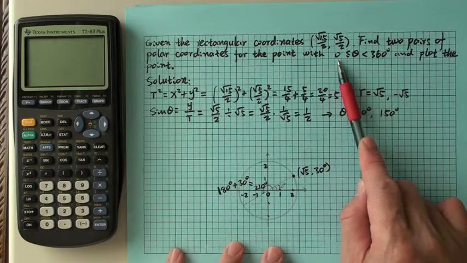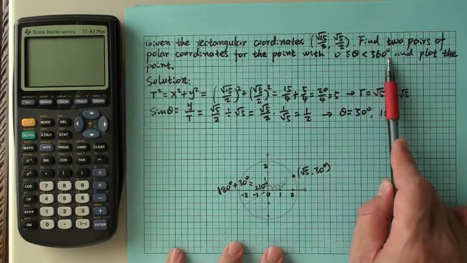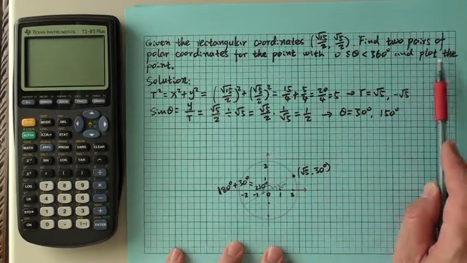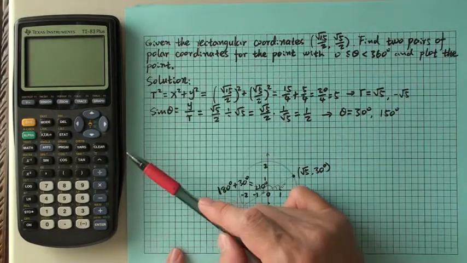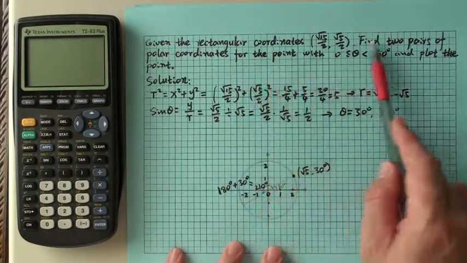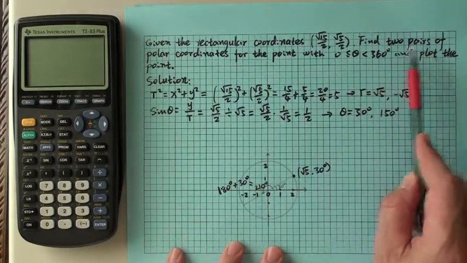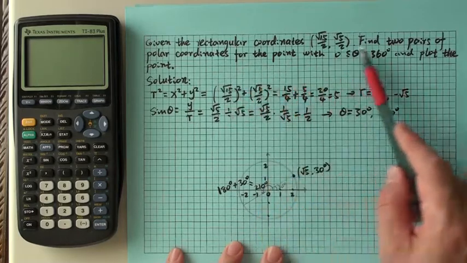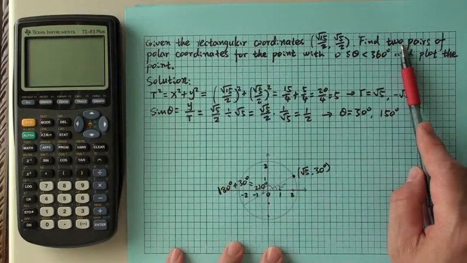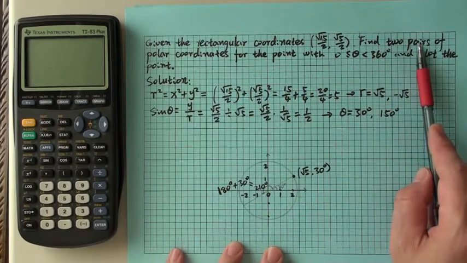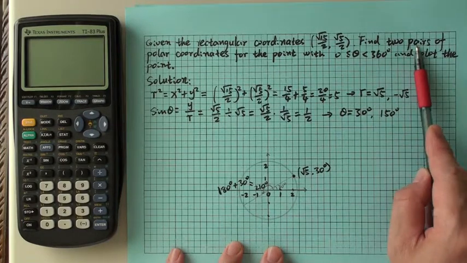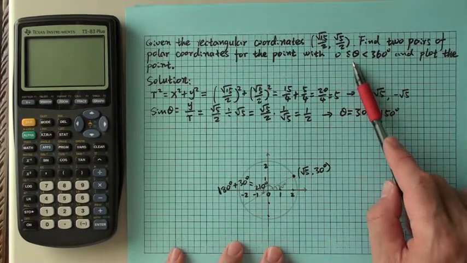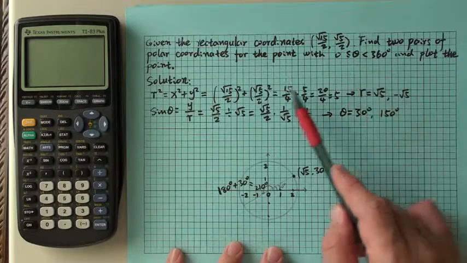Well, 0 is included, 360 is not included. And plot the point. In the previous example, we found 4 pairs for the same point. Here we only need 2 pairs.